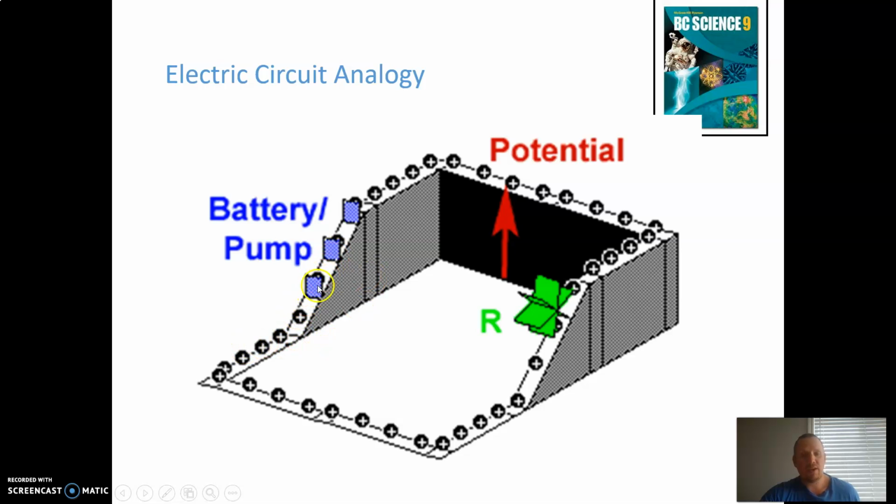When they go up, that's like they're gaining potential energy. And then when they fall back down, they are losing potential energy. And on this diagram here, when they fall down, they cause this, it's kind of like a water wheel, to turn. And that's like electricity going through, say, a speaker. And the energy is converted from electrical energy to sound energy.